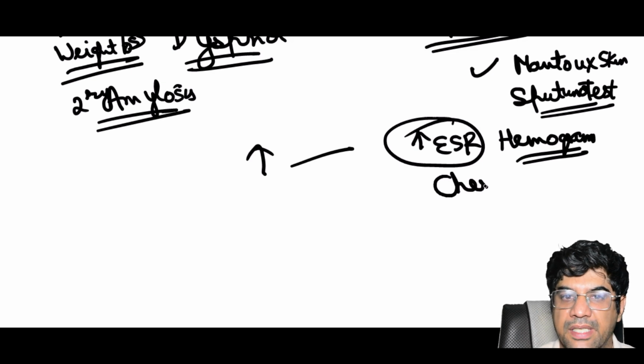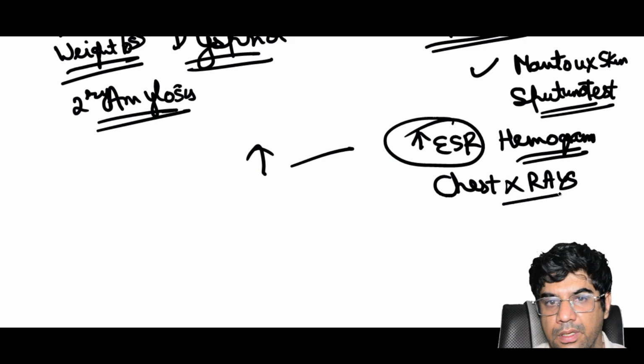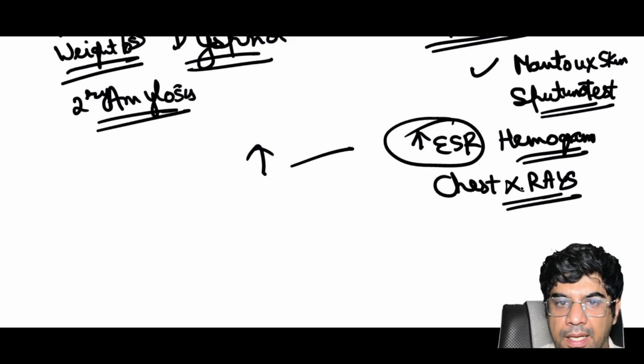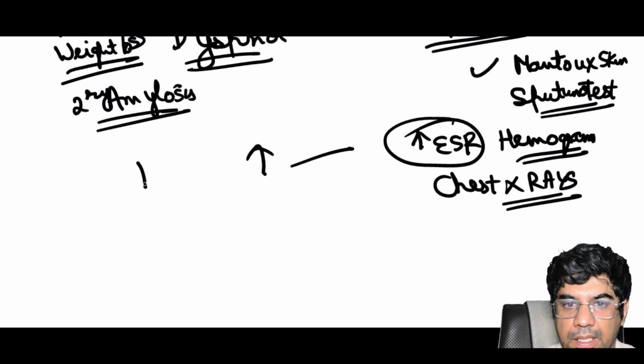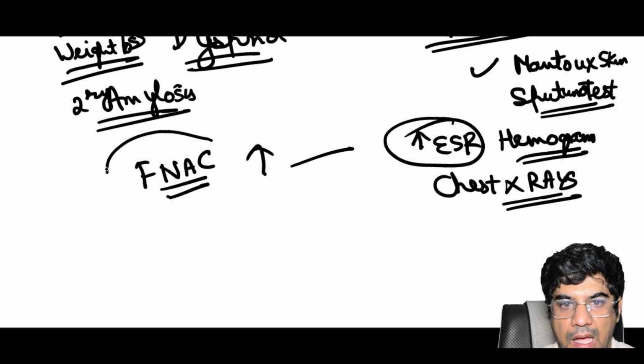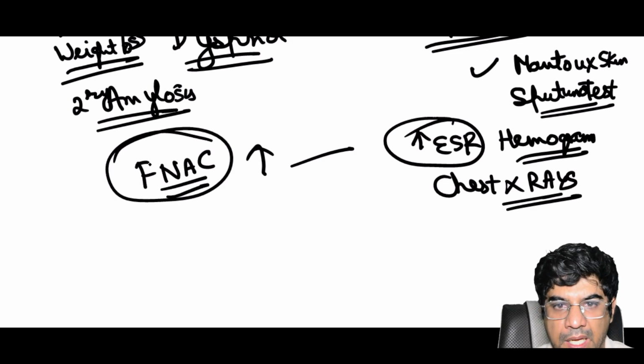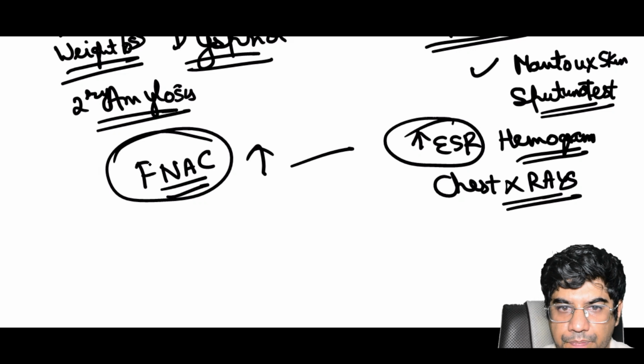Apart from that, you can do a chest X-ray where you may see hilar nodule and other parenchymal changes. Apart from that, you can do FNAC of the enlarged peripheral lymph node.